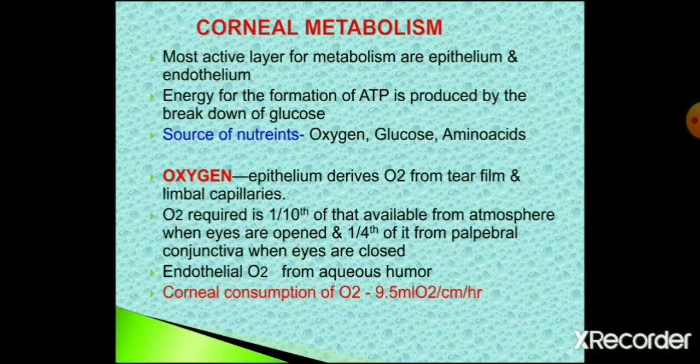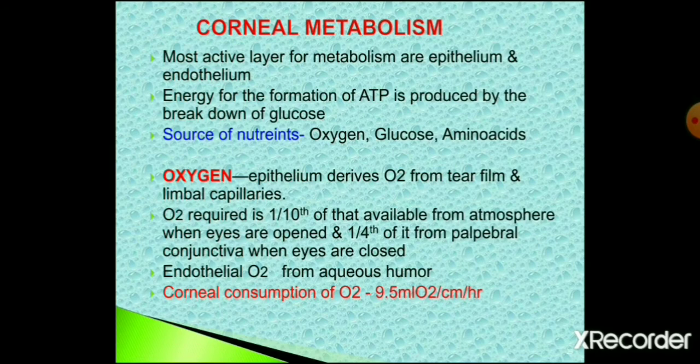Of the required oxygen, 1/10 is available from the atmosphere when the eyes are open. Only then we can get the atmospheric oxygen, and 1/4 of it needed is obtained from the palpebral conjunctiva when the eyes are closed. So like that we get the oxygen. Epithelial oxygen we are getting from the tear film, and endothelial oxygen from the aqueous humor.